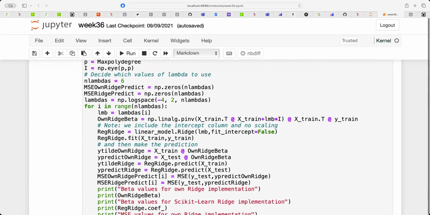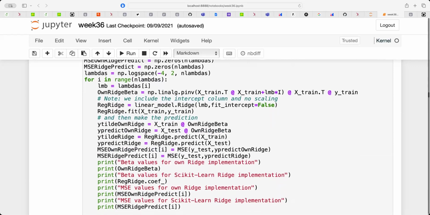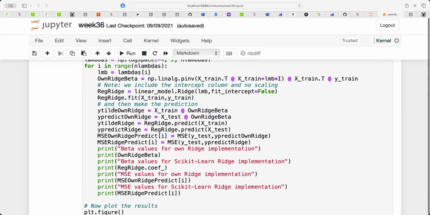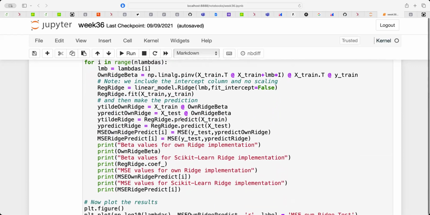In this specific case, you see now that I'm training my ridge regression, doing it by matrix inversion. I add the parameter lambda here. And then I let scikit-learn do it. And then I have my y tilde own ridge, which is x train times the parameters. In this particular case, I have not subtracted anything.